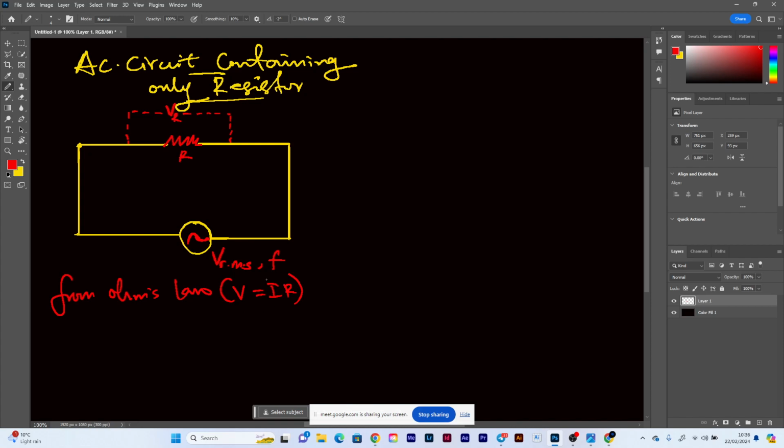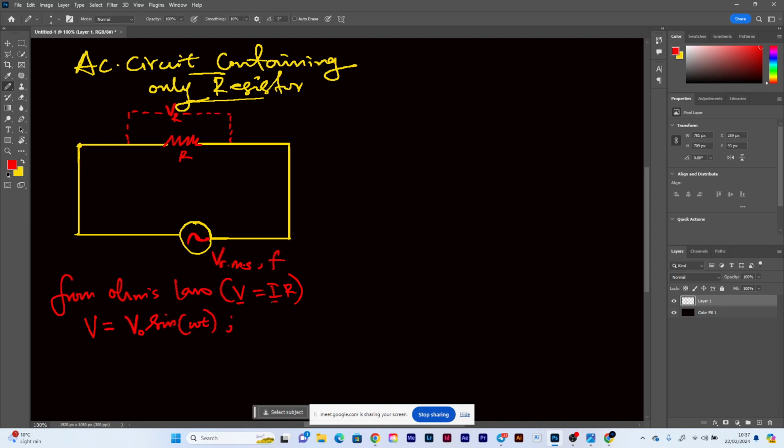We can apply this same thing to an AC circuit, because Ohm's law only works with a DC circuit. Are you getting this now? Okay. So if we substitute, V, which is this particular V you have here, is equivalent to V naught sine omega t.